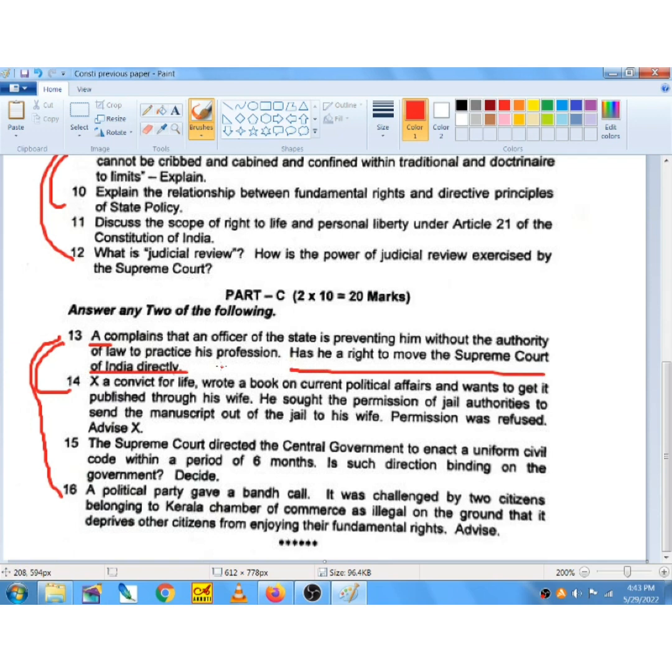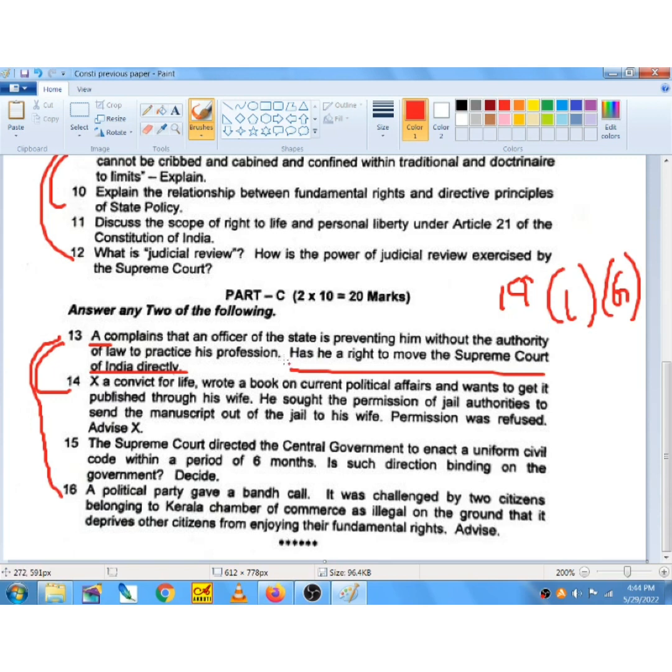So the principles which will be involved in this case are the fundamental right of freedom of trade, business and profession, that is article 19(1)(g). Under 19(1)(g) we have the fundamental right of freedom of practicing any trade or profession.